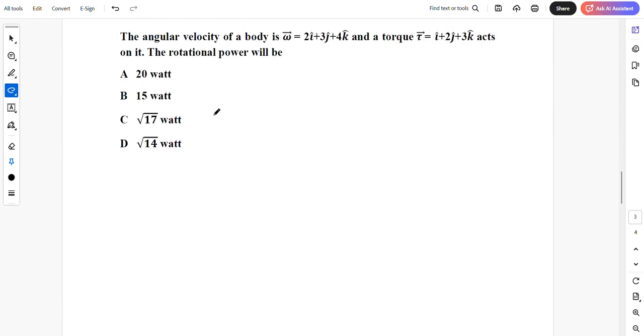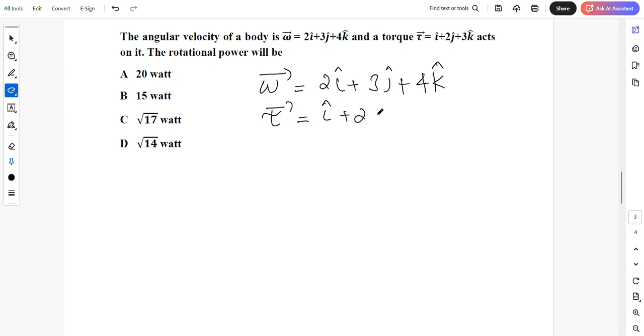Next problem we will see. The angular velocity of a body is given as 2i plus 3j plus 4k. Okay, this is a vector quantity. Now the torque is given as i plus 2j plus 3k.